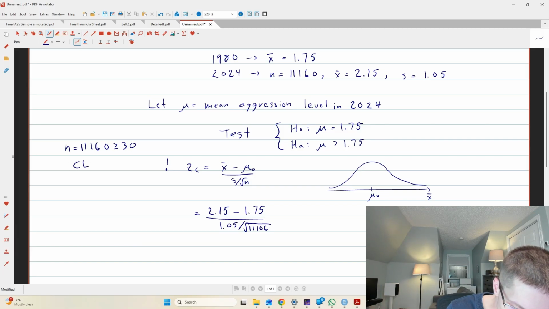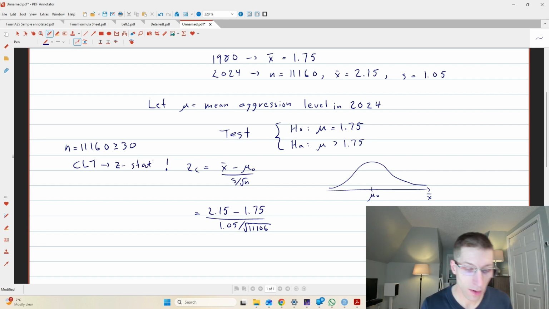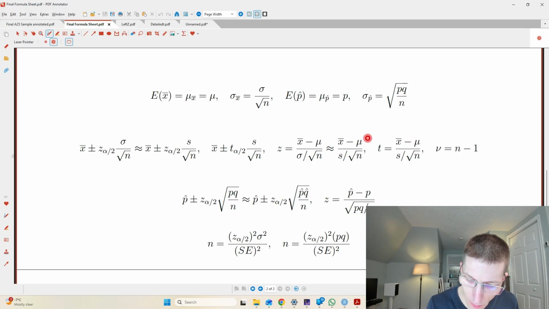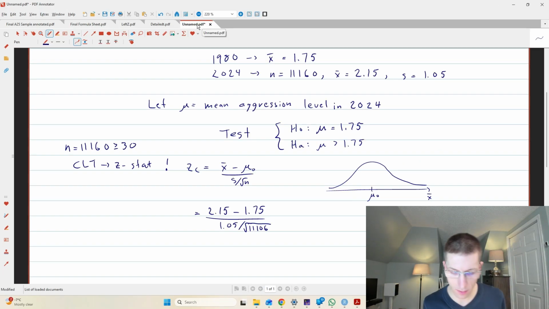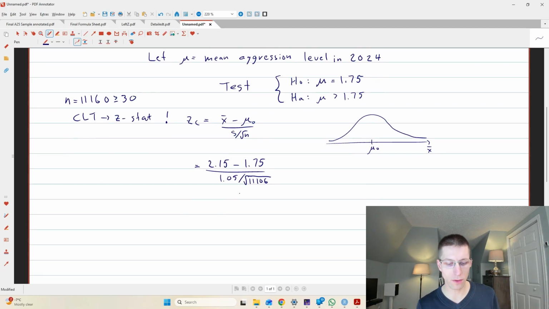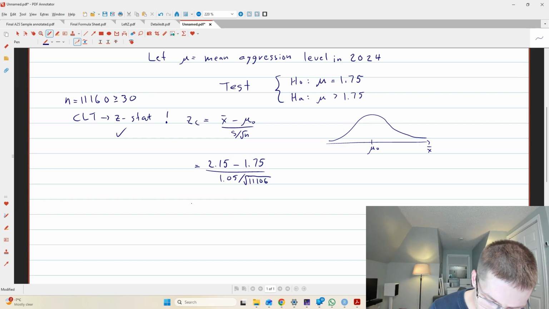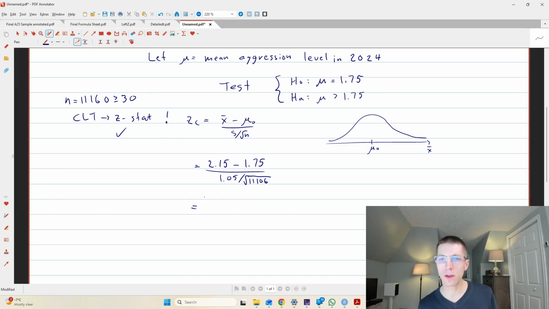So CLT means it's a Z statistic. So we can use that formula that I pointed out there. I kind of jumped the gun on that, but you do want to verify that for sure. Okay, so back to this test statistic, that is going to work out to about 40.244.